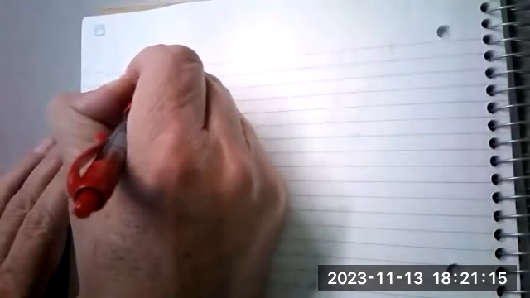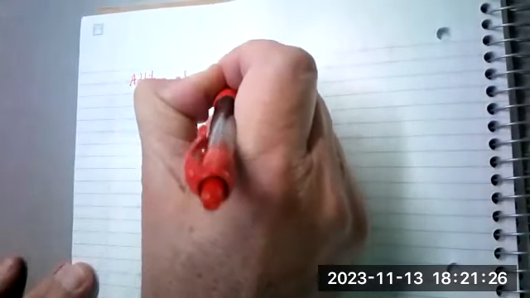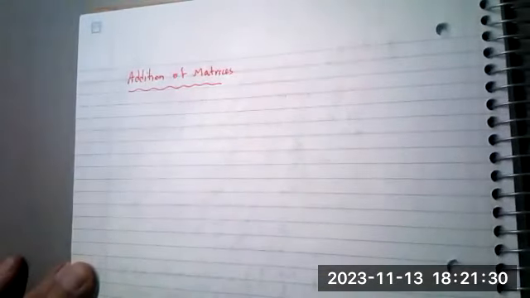Okay. So addition of matrices. You just add them, term by term. I'll just give you an example, or you can write it down.